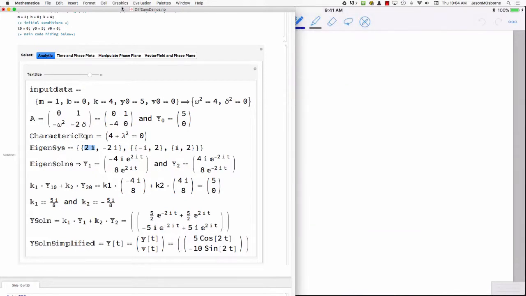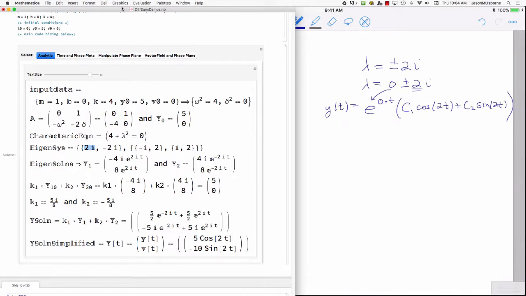So notice that the eigenvalues came out to be plus or minus 2i, which is another way of saying 0 plus or minus 2i, which means that for our mass on a spring, the 0, the real part of the eigenvalue, became e to the 0 times t, and then we knew that the 2 was going to show up in front of the t terms inside of the trig function. So the 2 is showing up in the angular frequency term of the trig functions.